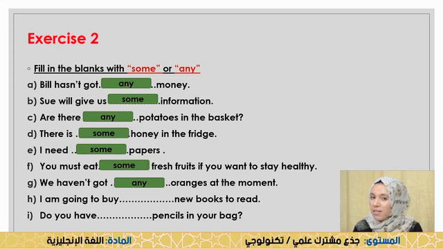Affirmative sentence. The answer is some for sure. The last one: do you have pencils in your bag? As soon as you see the question mark, you automatically know that you are working with an interrogative sentence, so we use any with it. Do you have any pencils in your bag?